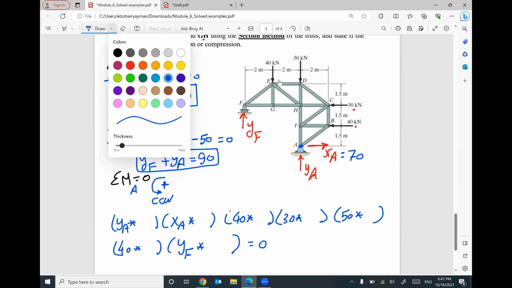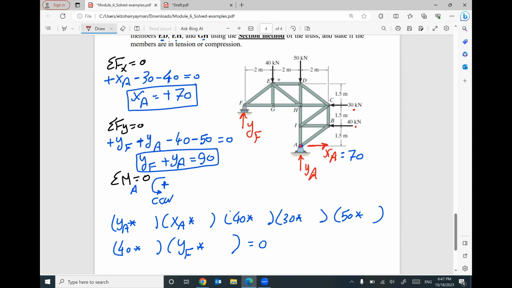Keep in mind, I'm sitting at A. What is the distance between XA and A, YA and A? 0, 0. What is the vertical distance between 40 and A? Your distance will be vertical, 1.5. Between 30 and A, the vertical distance will be 3 meters.